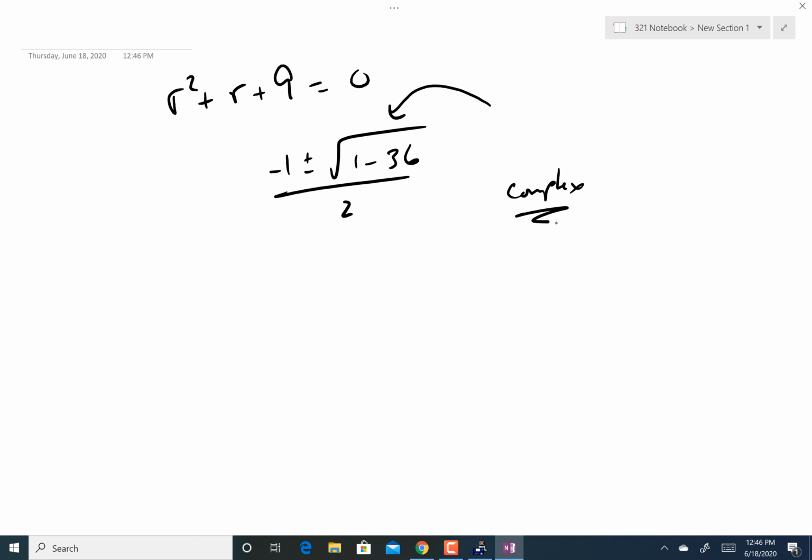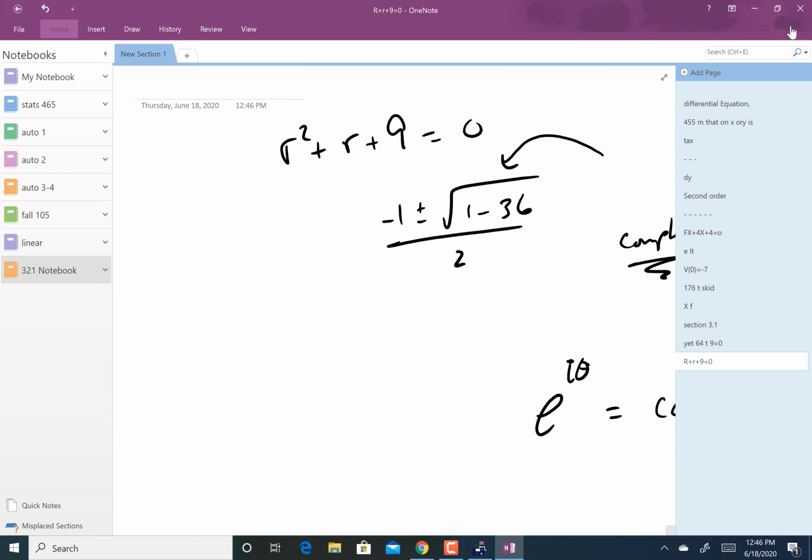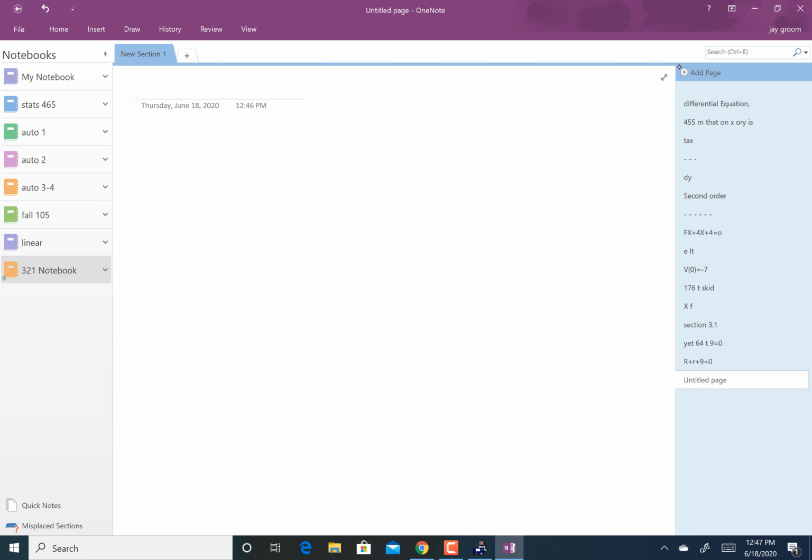And so that'll be coming up later on. Just remember that e to the i theta is Euler's formula, which gives you cosine of theta plus i sine of theta. There will be more to come with that. It's a very important concept, but in section 3.1, we don't really go there.